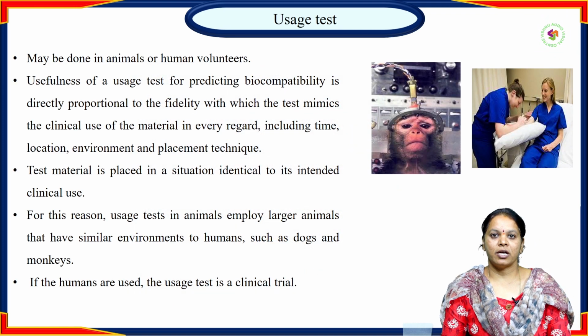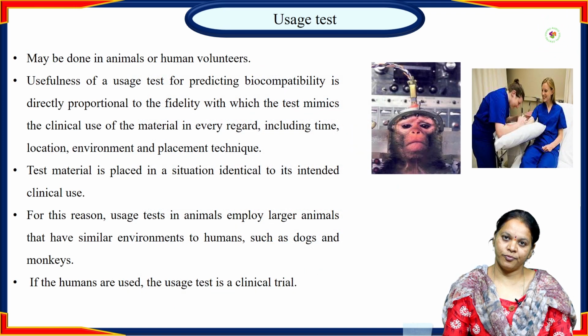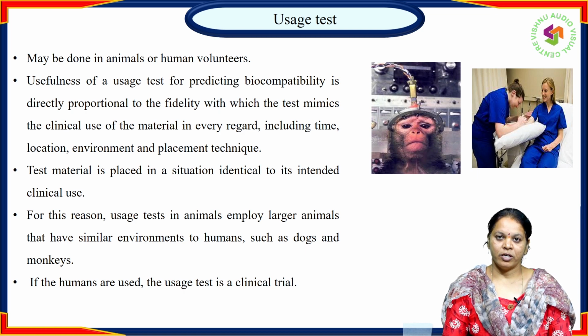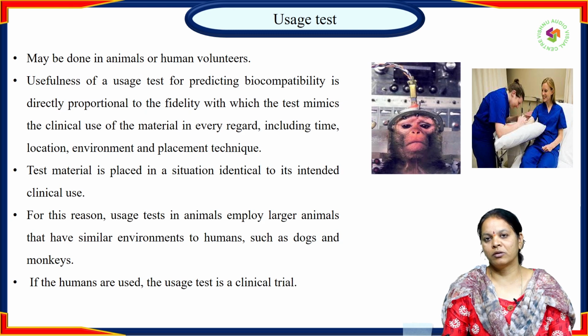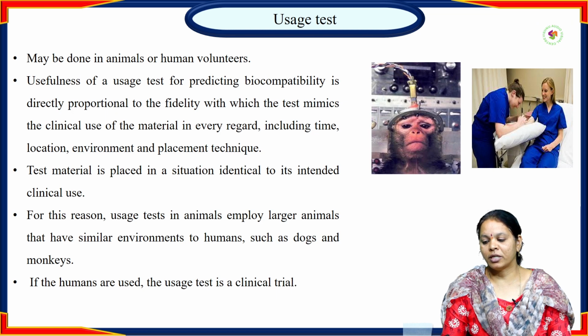So the usage test, as I told you, is based upon the results of the in vitro and in vivo animal tests, and we would be selecting the species. Here also, prior to going ahead, if we are not getting any cadavers, a cadaver being a dead body, a few of the analyses can be done on cadavers also. And if you want human volunteers to be involved, the live applications of the implantable material will be analyzed by taking human volunteers into consideration.